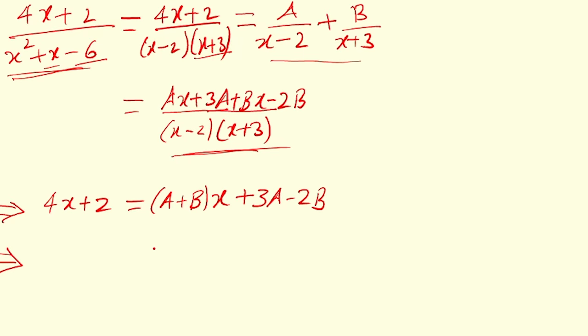Whenever we have two polynomials equal for every real number, the corresponding coefficients are equal. If for every real number they are equal, it means for x equal to 0 they are equal. When x is 0, you have the constant only: 2 is equal to 3a minus 2b. Therefore, 3a minus 2b is equal to 2.